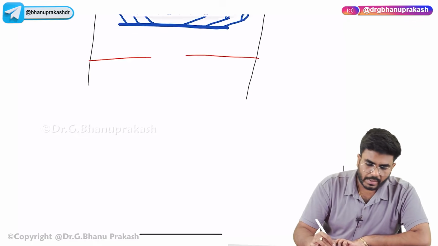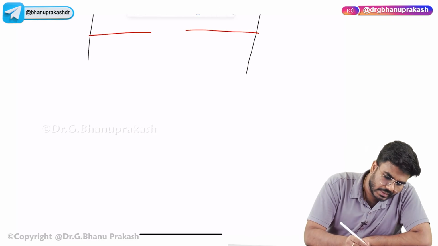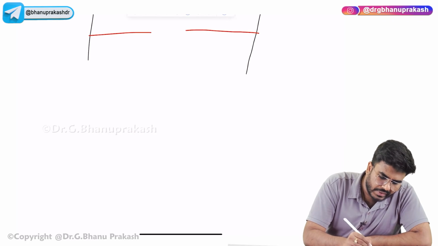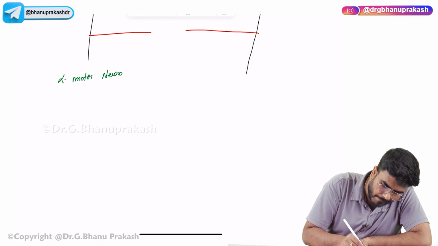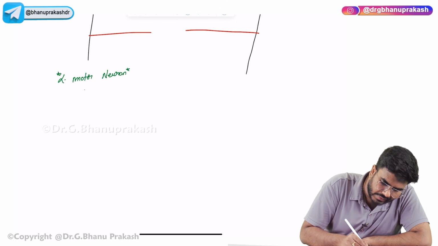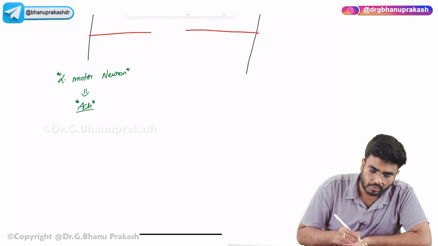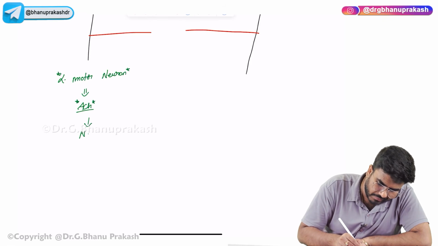So now what happens during muscle contraction? You already know the story. When the alpha motor neuron is activated, it will release what? Acetylcholine into the neuromuscular junction. Because of this acetylcholine, there will be sodium influx into the cell.